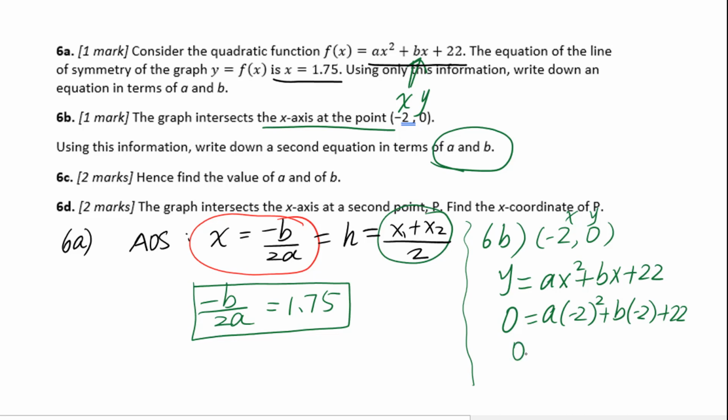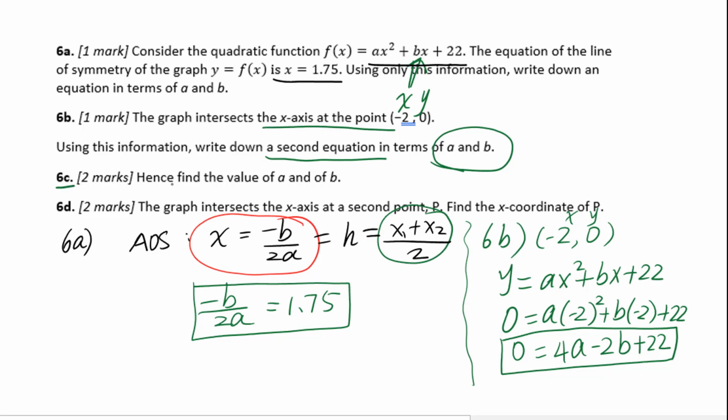So you get 0 equals 4a, negative 2 times b, that is minus 2b, plus 22. This is the solution to 6b, because they said write down a second equation in terms of a and b.